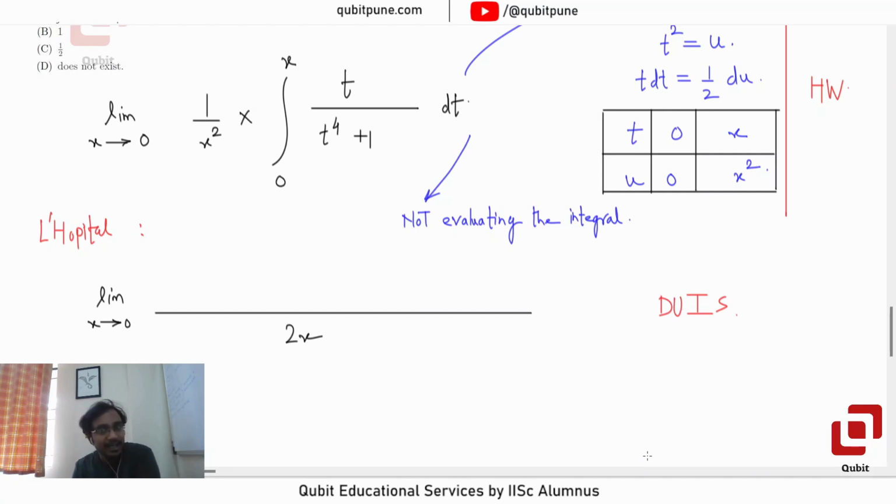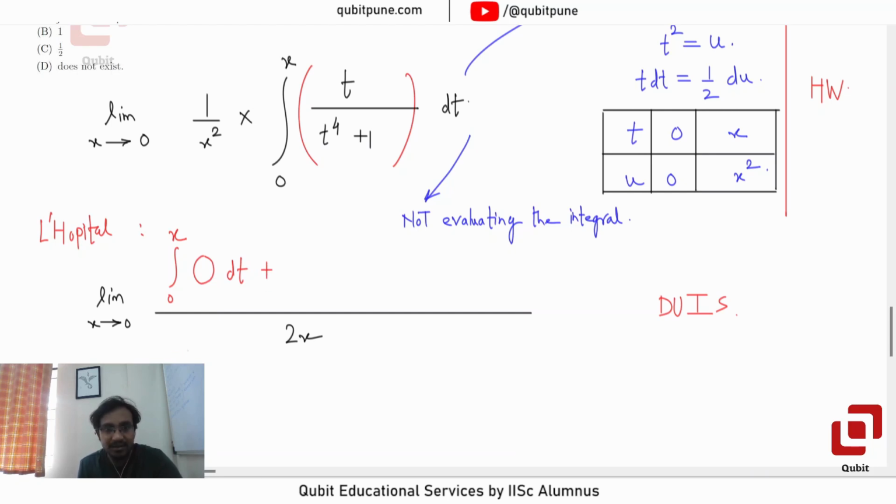And what do we exactly do there? First, we keep the limits and this part as it is, and we take the partial derivative of this with respect to not t but with respect to x. Because we are differentiating with respect to x, and because there is no term in x in that function, I will write it as 0.